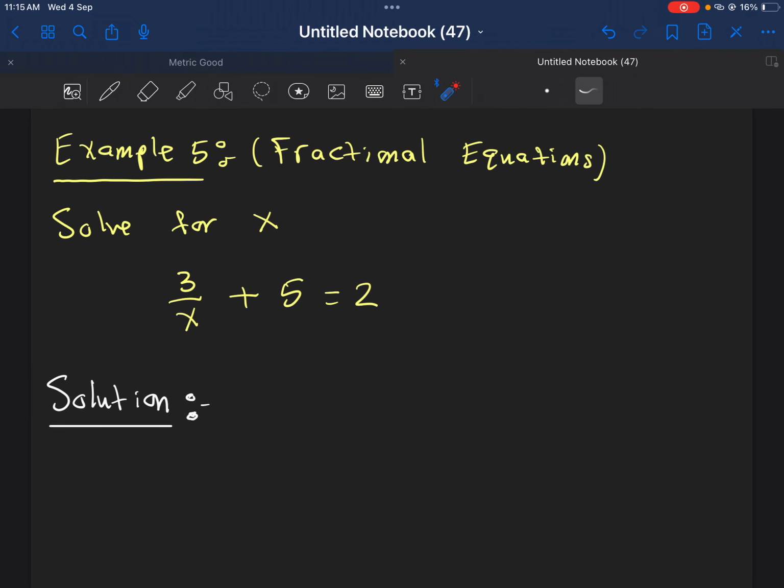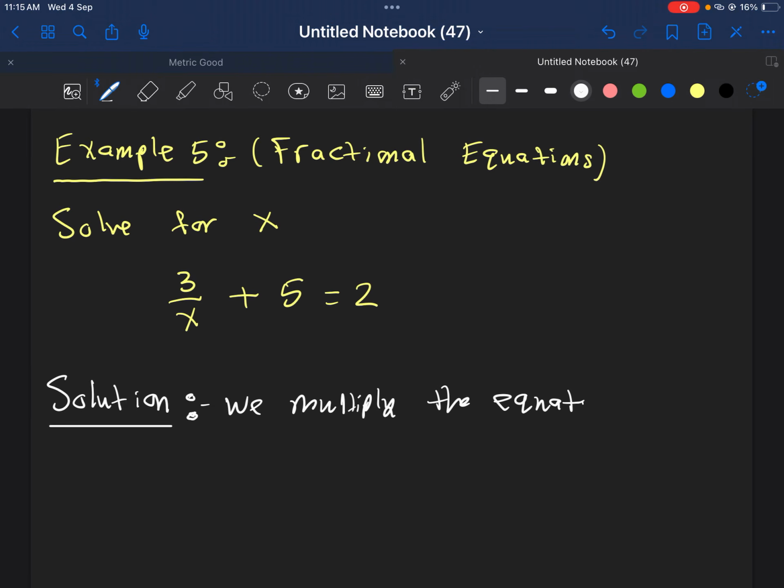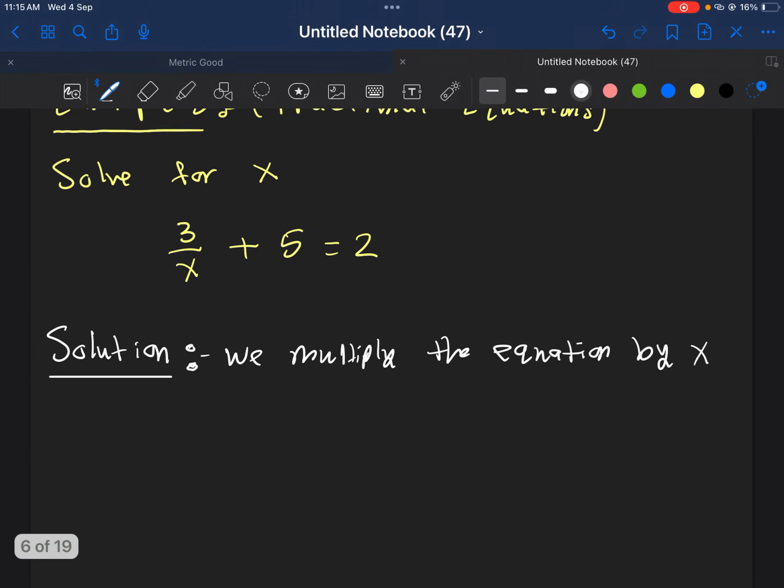We have to multiply by everything in the denominator. The only thing in the denominator is x, so we multiply the equation by x.